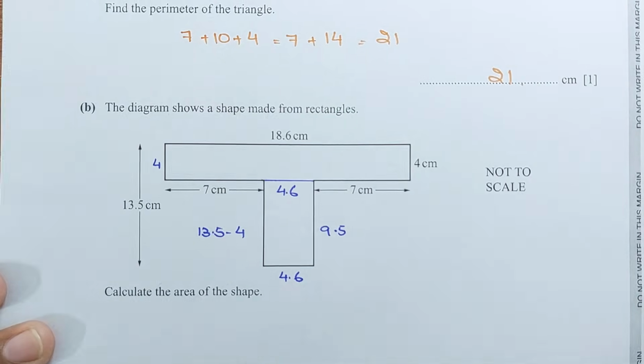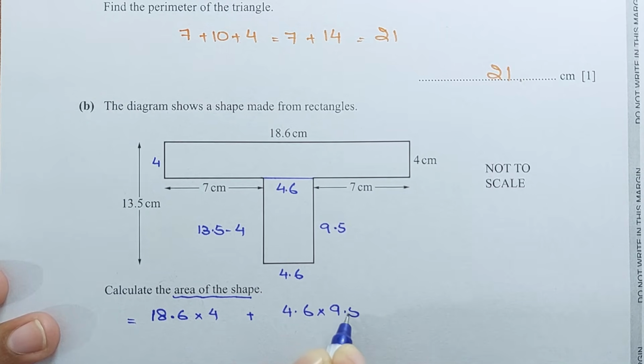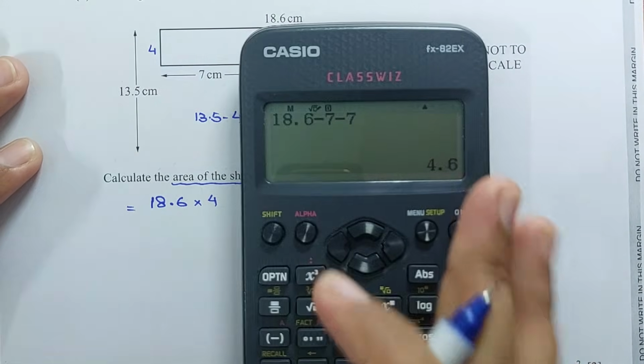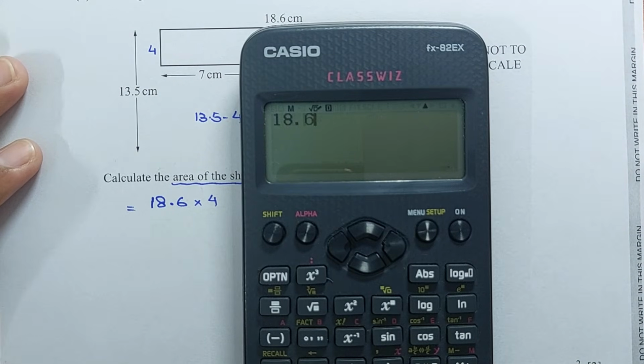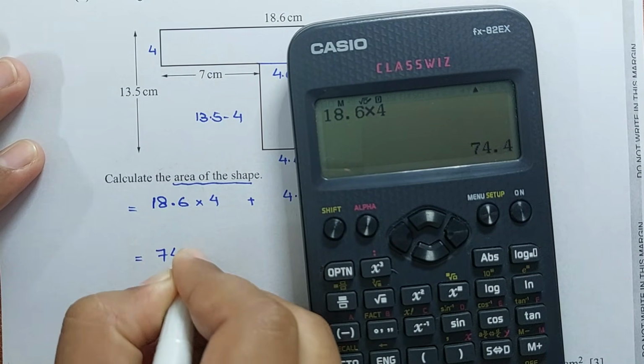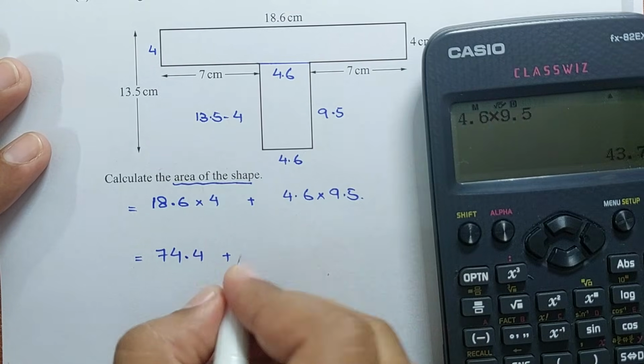Okay, to calculate the area of the shape, we have to calculate the area of two rectangles, right? The first rectangle is length times width, which is 18.6 times 4, plus the second rectangle is 4.6 times 9.5. Let me calculate the two. 18.6 times 4, that is 74.4, plus 4.6 times 9.5, 43.7.